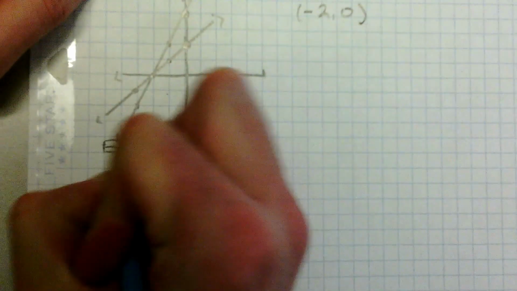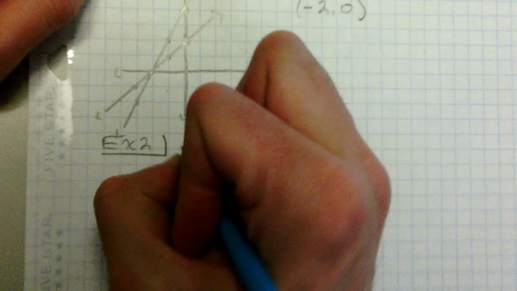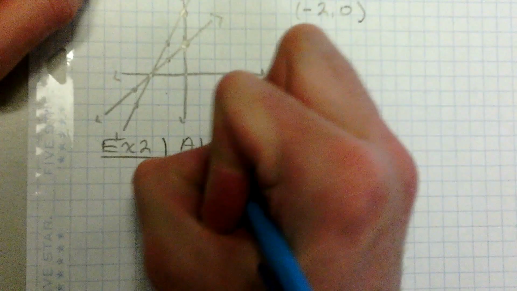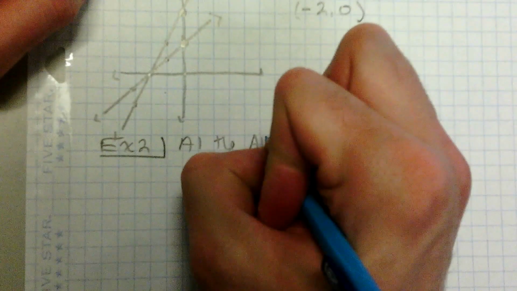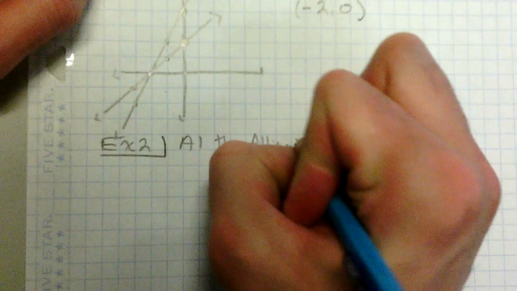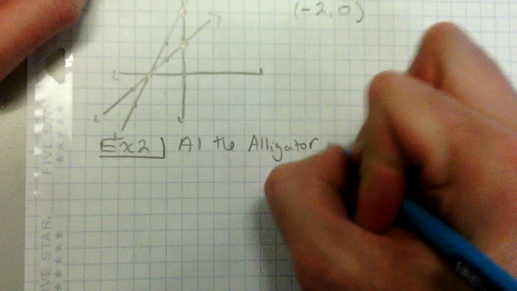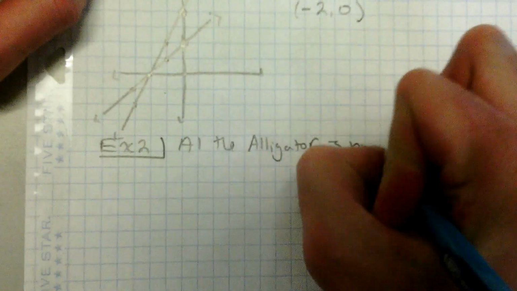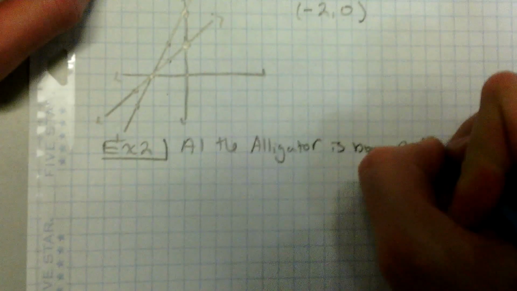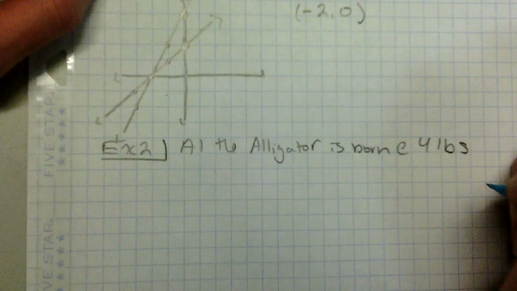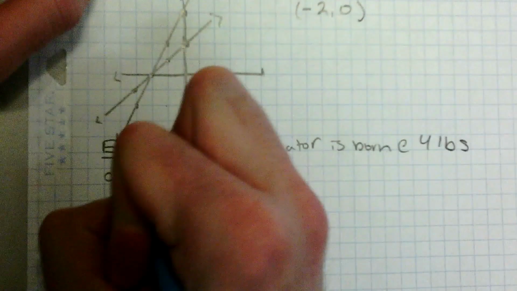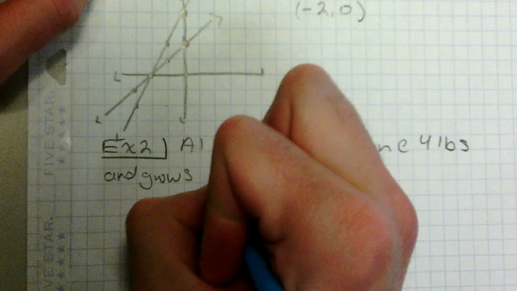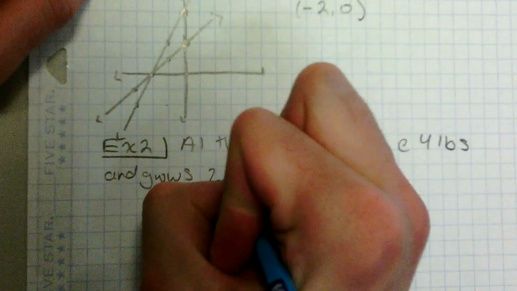Example: Al the alligator is born at 4 pounds and grows 2 pounds a week.